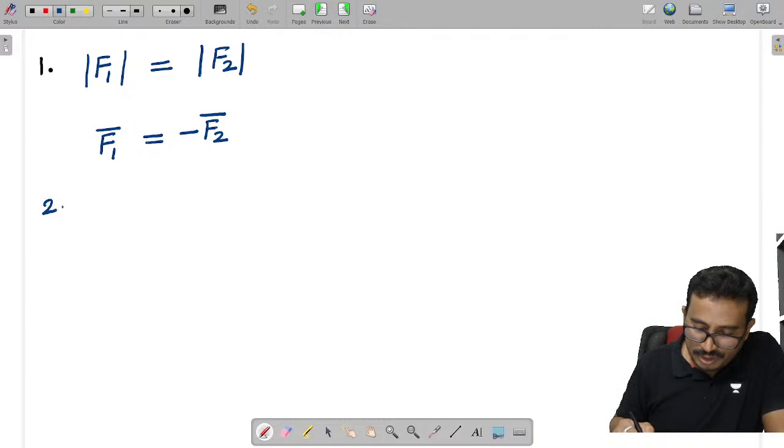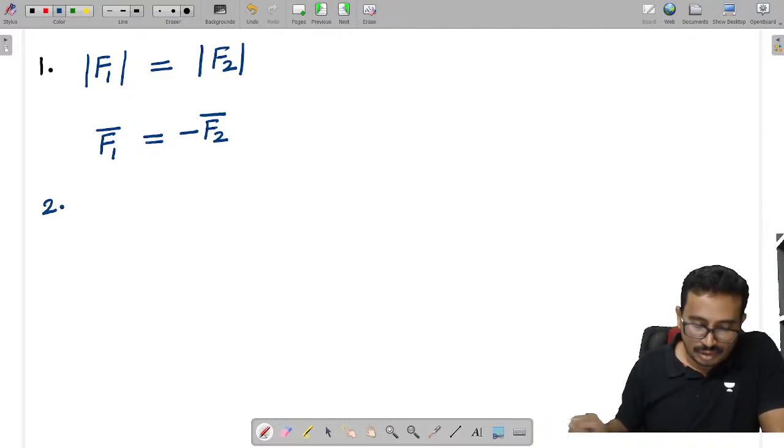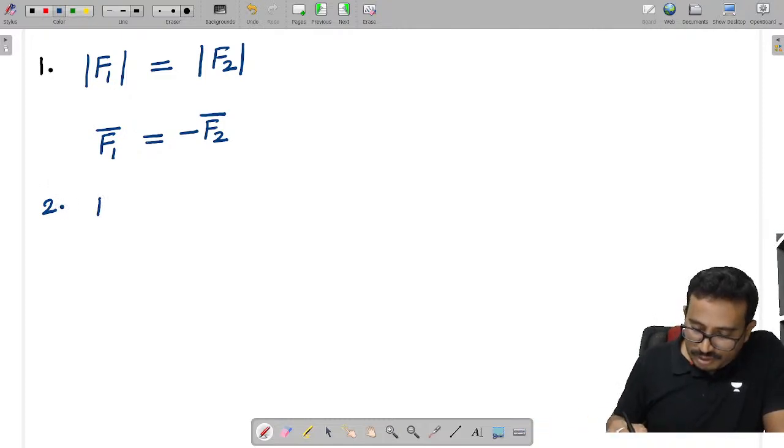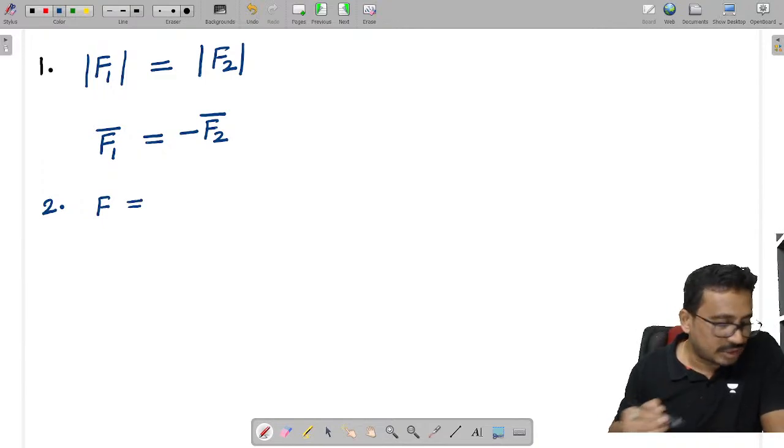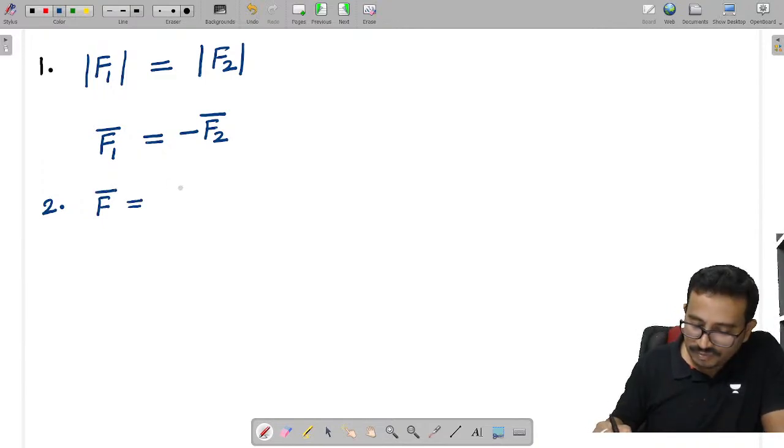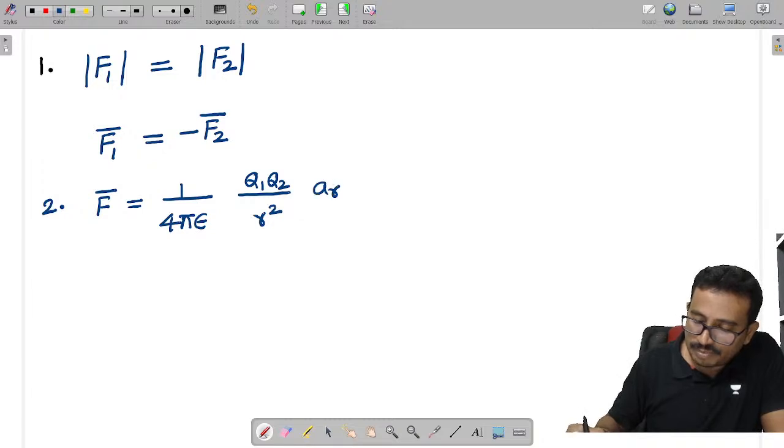Now you tell me, the force between the two charges, if we consider the magnitude, in general I can write simply as 1 by 4 pi epsilon into Q1 Q2 by R square into ER cap. Speak up, simply I can write like this.